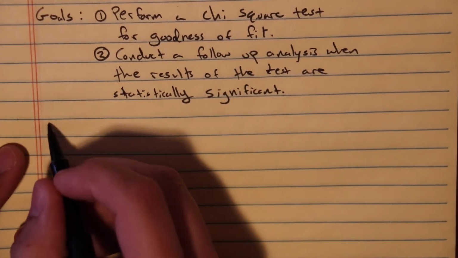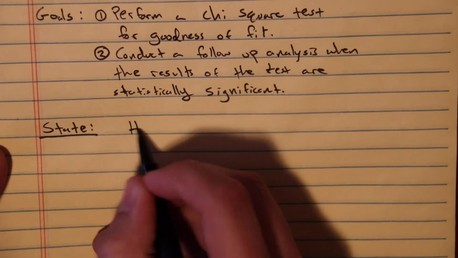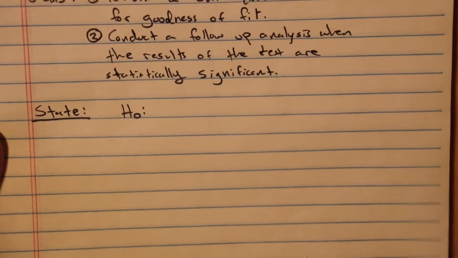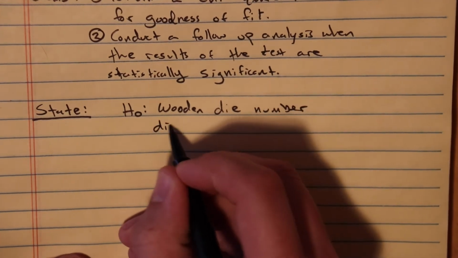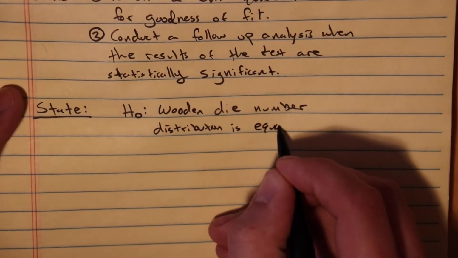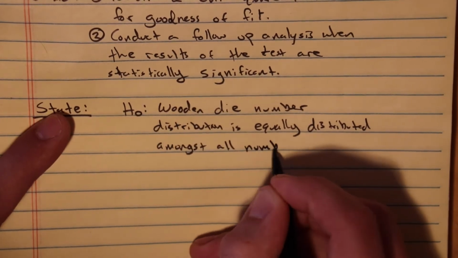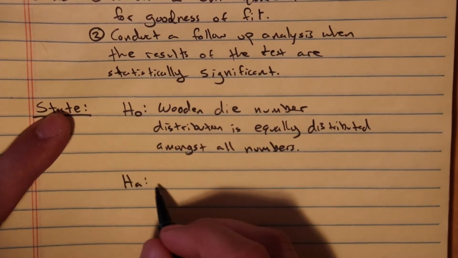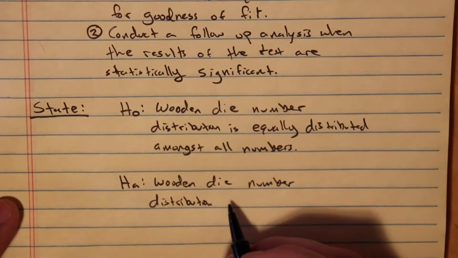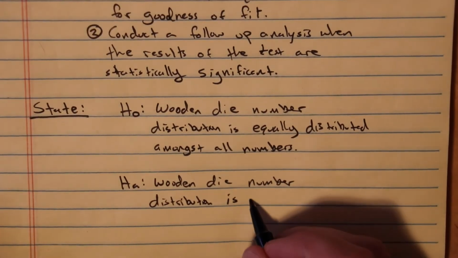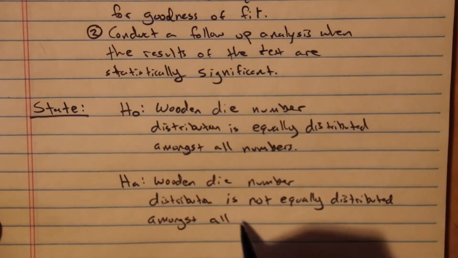So let's go over our state. Here is the statement that we should make. We have a null hypothesis, and the null hypothesis is that the wooden die number distribution is equally distributed amongst all numbers. And then alternatively, the wooden die number distribution is not equally distributed amongst all numbers.